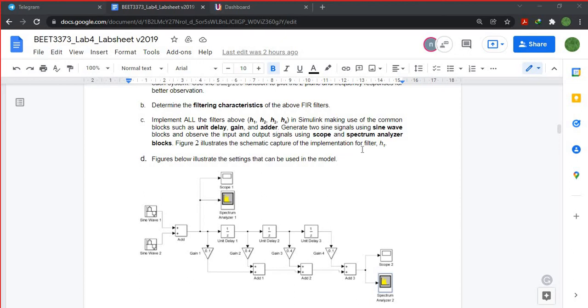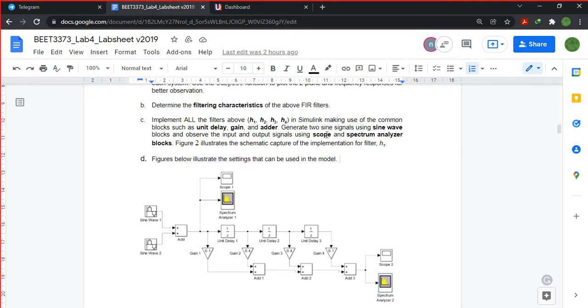For my part, which is simulating. For C, we need to implement all the filters above, H1, H2, H3 and H4, in Simulink, making use of the common blocks such as unit delay, gain, and adder.